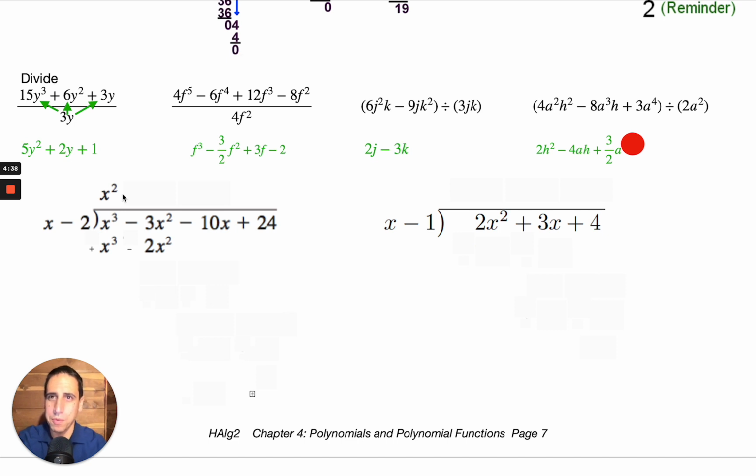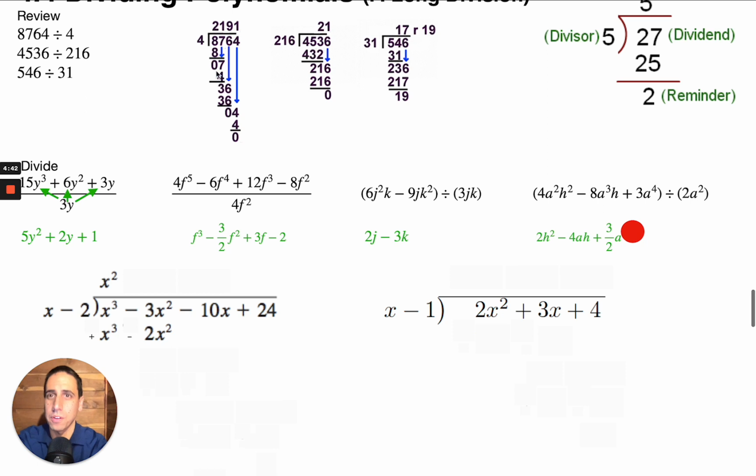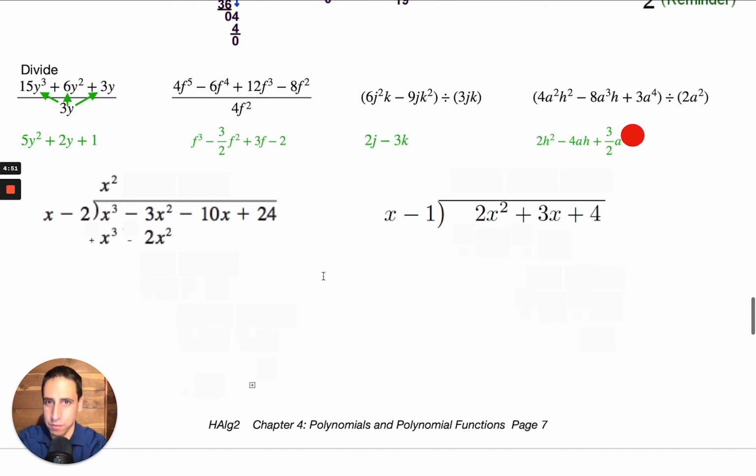Now, you remember when you do it with just regular numbers, the next thing you have to do is subtract. 2 times 4 is 8, so 8 minus 8 is 0. Well, in polynomial long division, you have to subtract as well. The thing about the subtraction is that, especially when you can see here, one of these terms is addition and one of these terms is subtraction.